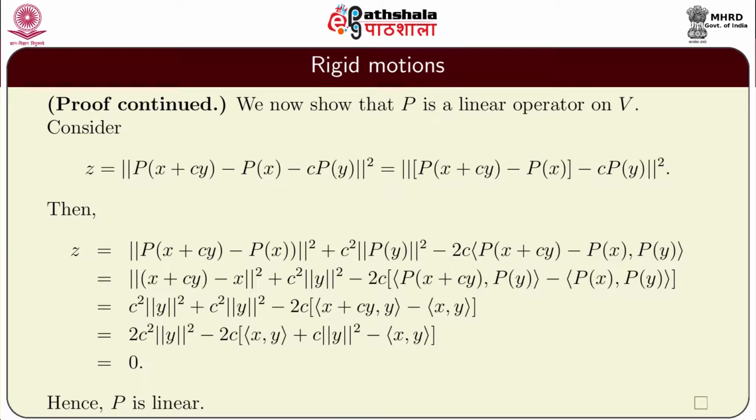Look at Z, equal to the norm square of P of x plus cy minus Px minus cPy, for vectors x and y and scalar c.